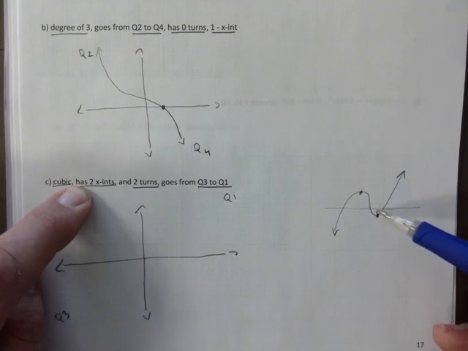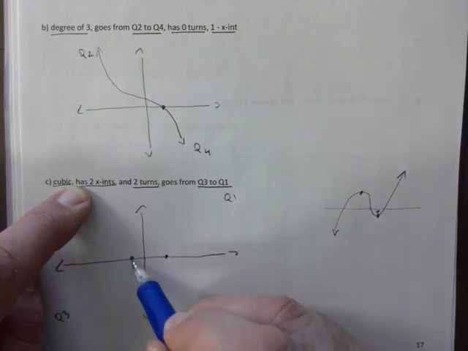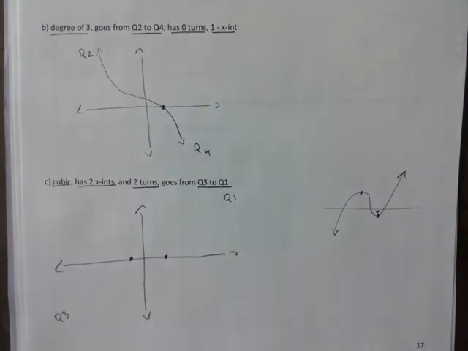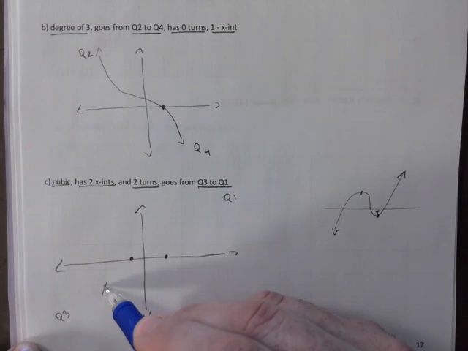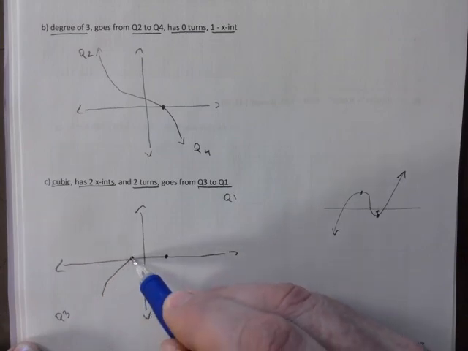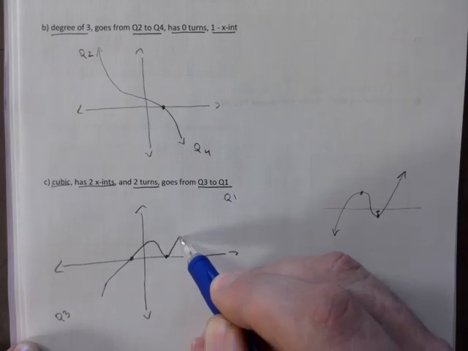So I'm going to move this up a little bit. I'm going to move this up so that I'm going to make it go through here and through here. That's just an example, right? So I'll kind of do this. I'll make it cross here and then turn like that and then go up like that.